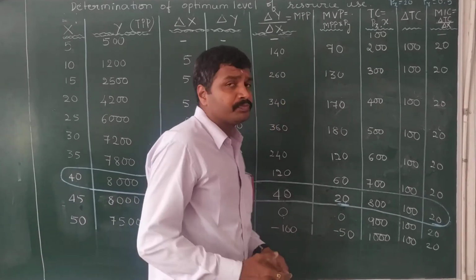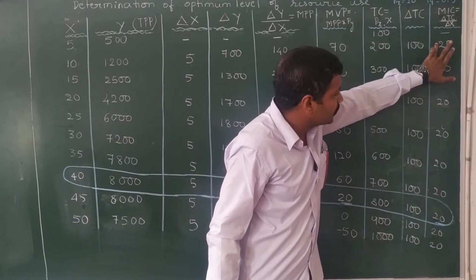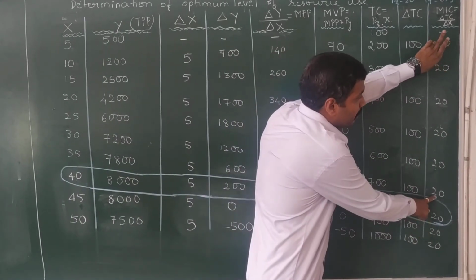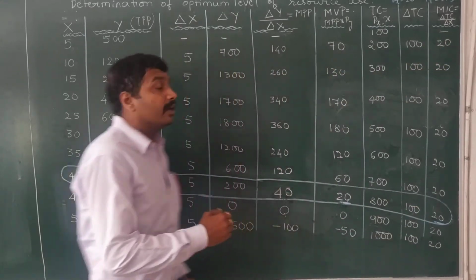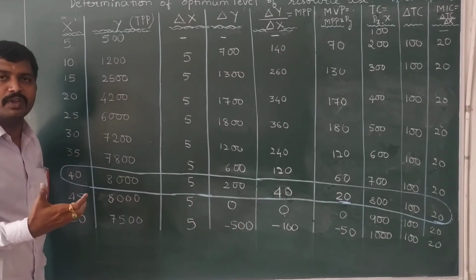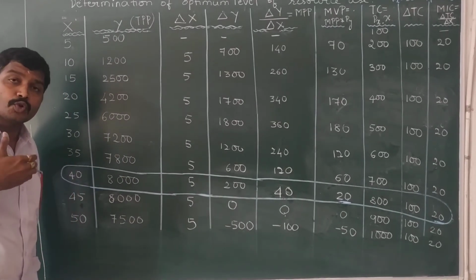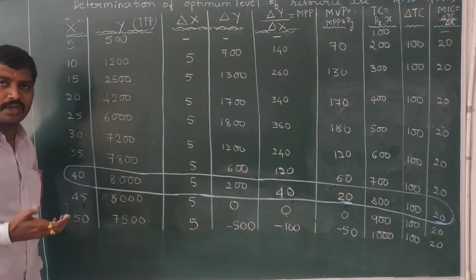Okay, so you need to observe here, from this level to this level, MVP is more than MIC. That means the resource is underused, we call it. Is it not? Still there is room for the farmer to increase its application.